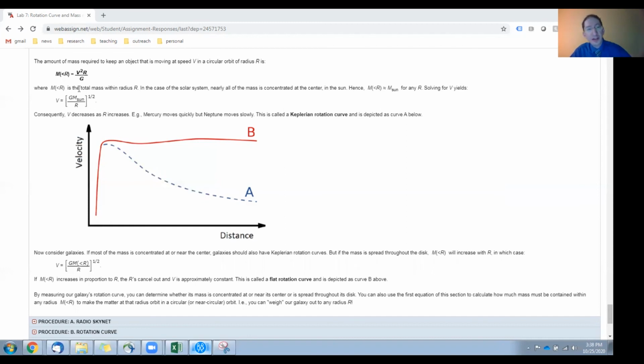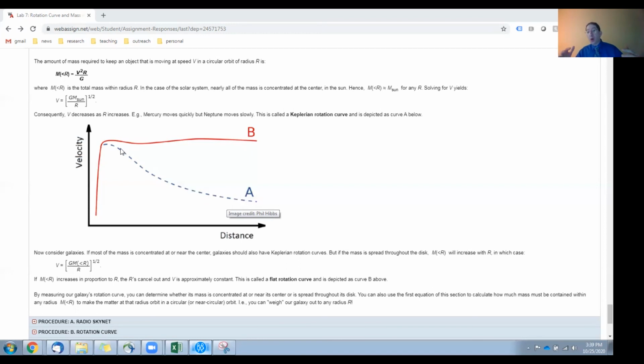So in this case, the enclosed mass is just a constant, and so the numerator is a constant, but you're still dividing by distance in the denominator. So in this case, your velocity drops as 1 over the square root of the distance. And you can see that here in curve A, and this is what we call a Keplerian rotation curve. Things orbit faster close to the center, slower farther away. Such as Mercury, it orbits faster than Neptune.